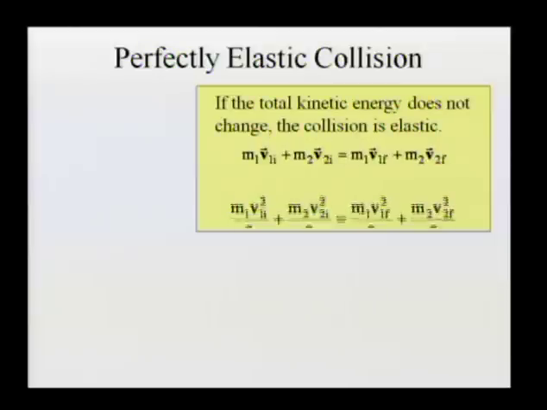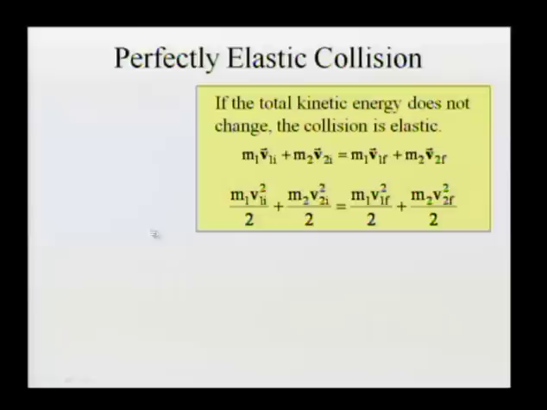In a perfectly elastic collision, we will have two equations now. Total momentum is conserved because it is conserved in all situations. However, this time we have two velocities after the collision, and additionally, total kinetic energy must be conserved. So here I have the kinetic energy of the first particle plus the kinetic energy of the second particle, both before the collision. And here is the kinetic energy of the first particle and the kinetic energy of the second particle after the collision.